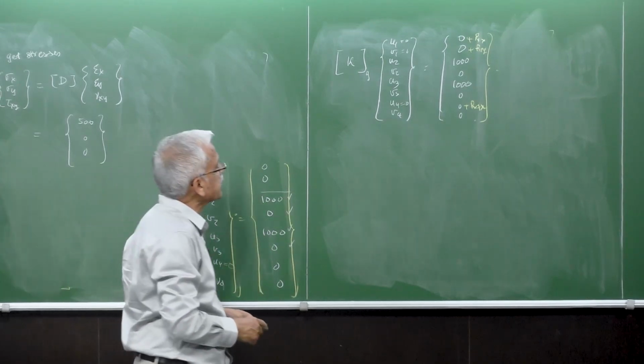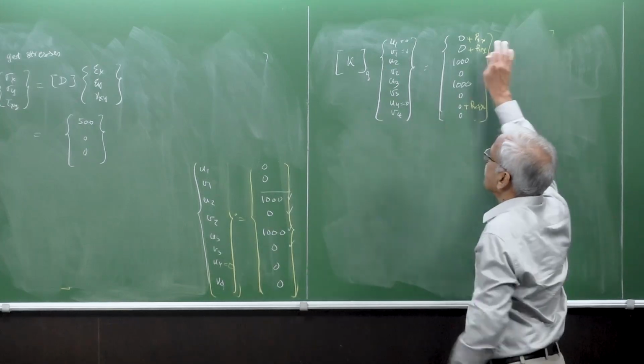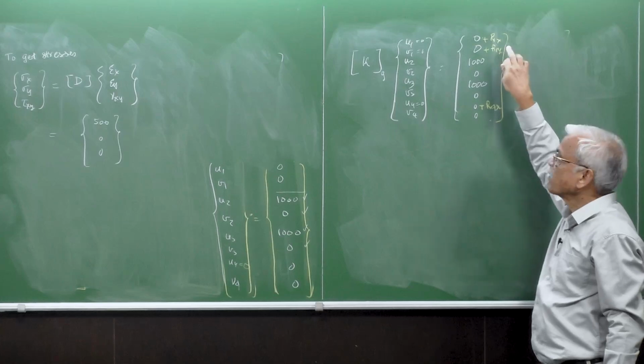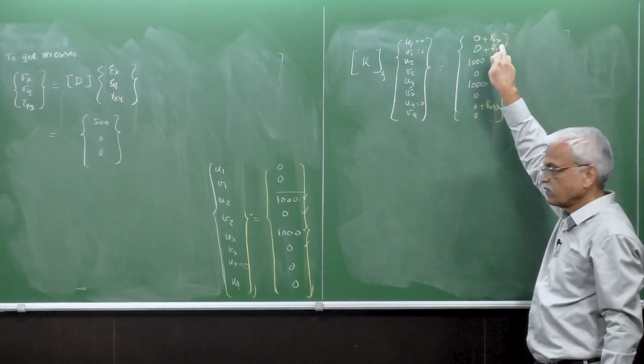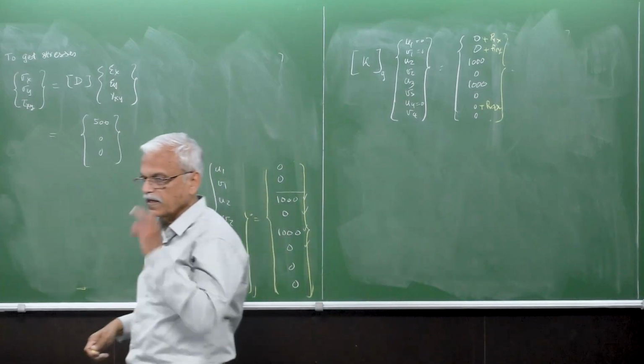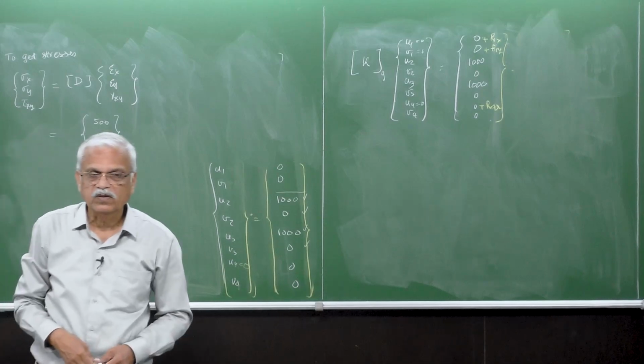So when we try to solve for these displacements, you cannot use the first equation because on the right side we do not know the reactions. So the first, second, and seventh equations cannot be used meaningfully for the solution because the right side is not known.